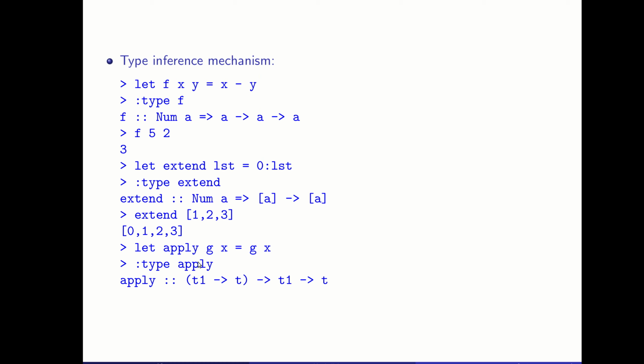So the type of apply is it takes a function and it takes some input to that function. Notice that this type matches the input of the function, and that I will return to you the result type of that function that you gave me. So it infers all that simply from the fact that I typed g x here, because it knows that that format is a function call. Therefore, g must be a function, and x must be whatever the input type of g is, so that it can be called.